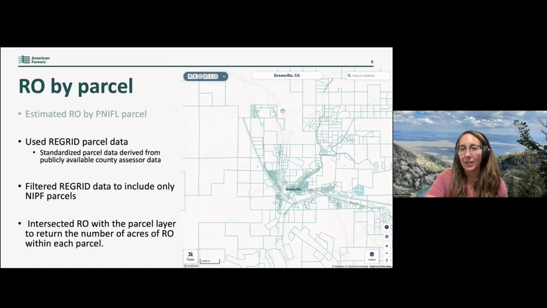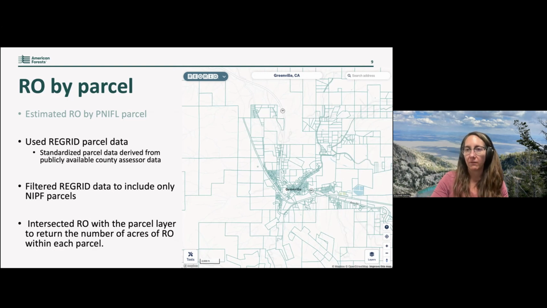So for all of the locations that we identified that were moderate or high severity fire or impacted by those high severity fires, we then looked at the reforestation opportunity by parcel. PNIFL should be NIPF. My brain does acronyms in a different way, but that's just private non-industrial forest lands. And we used data compiled by a company called Regrid that really just takes publicly available county assessor data and compiles it and standardizes it in a way that is easier to query and to use from a geospatial perspective.